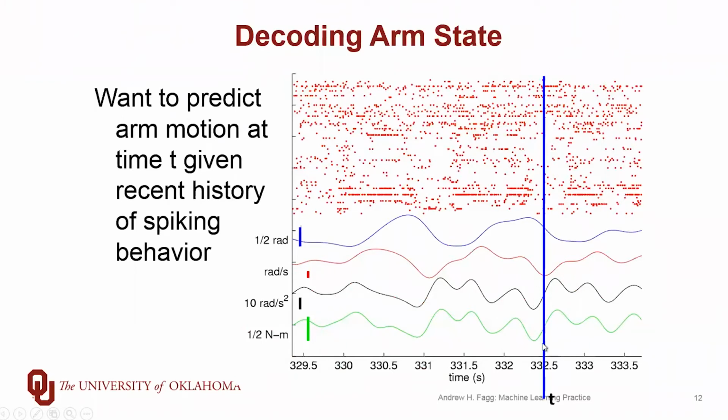We're trying to make a prediction at some time t, and by prediction I mean that we might predict the position of the shoulder at this time t, or the velocity of the shoulder, or acceleration, or the torque that's being imposed on the shoulder. We're going to make this prediction at time t based on some recent history of neural activity.